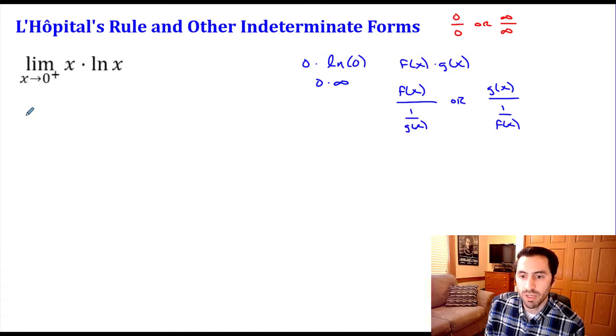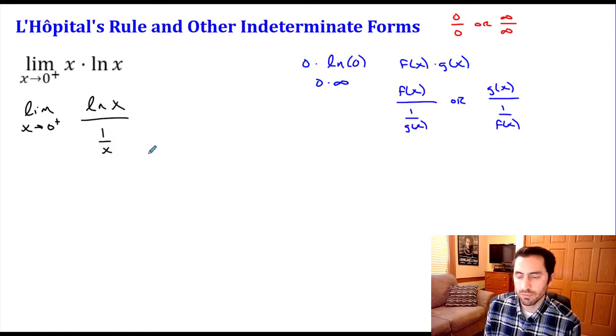So I'm going to rewrite this as the limit as x approaches 0 from the right of the natural log of x divided by 1 over x. As you can see, dividing by a fraction is the same as multiplying by the reciprocal. So this would simplify to what we started with.